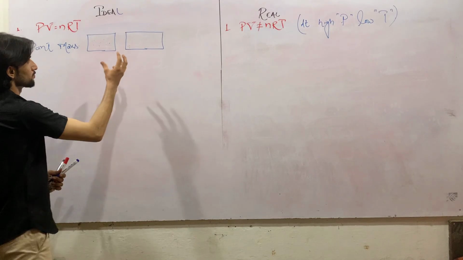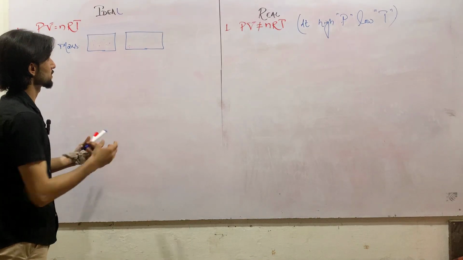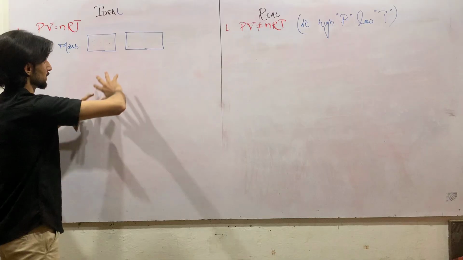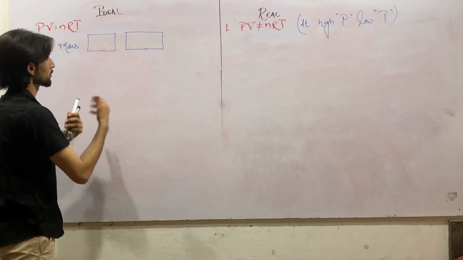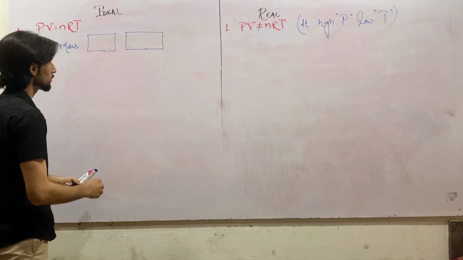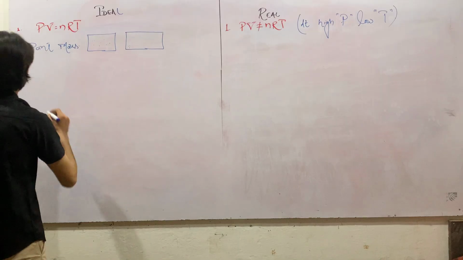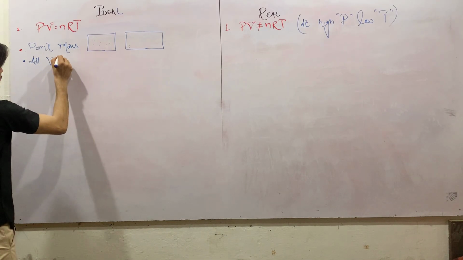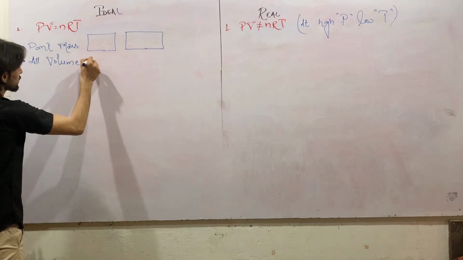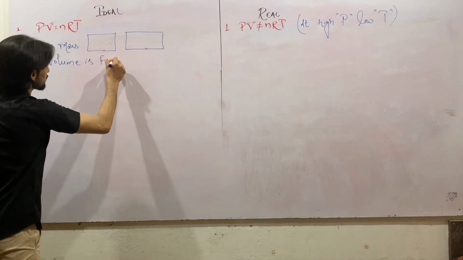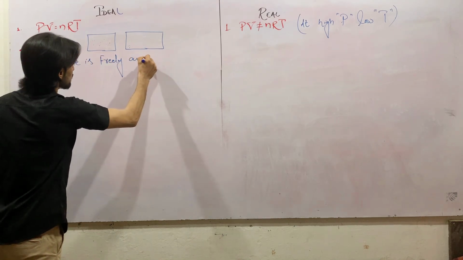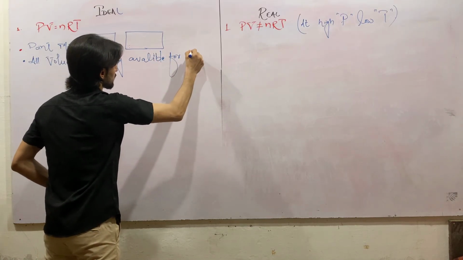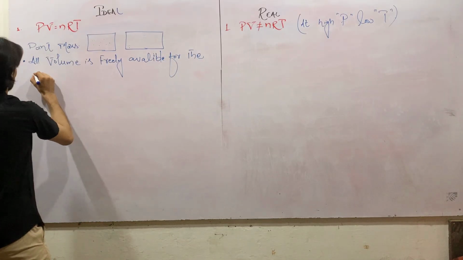You can compress them to a space that is negligible compared to the volume in which they are moving around. So this means that all the volume is freely available for the motion of the molecules.